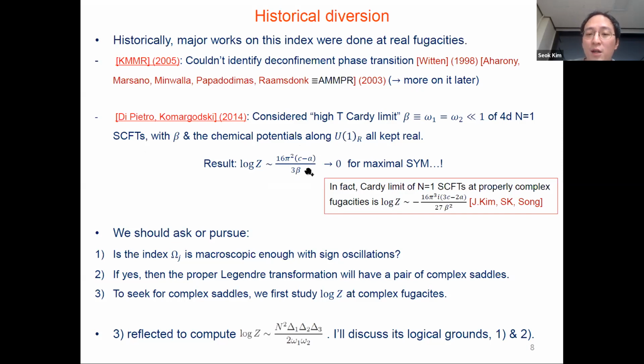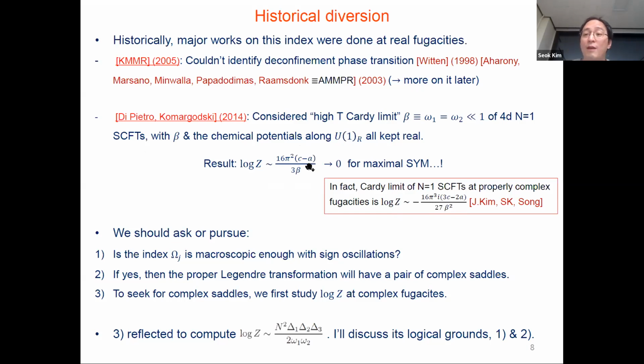This 1 over beta, the linear growth in temperature, is not really the fast growth that one would naturally expect for the index. Actually, it's 1 over beta squared that we have clarified recently. A more frustrating fact is that for N=1 theories, the coefficient is given by the difference of the 2 central charges, c and a.